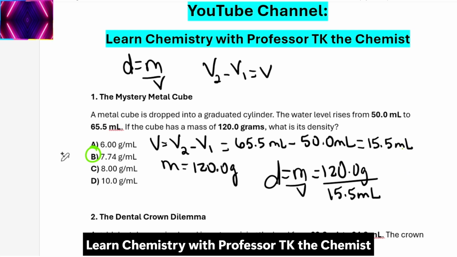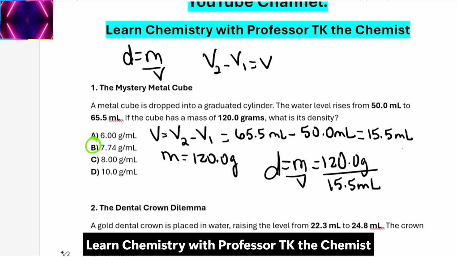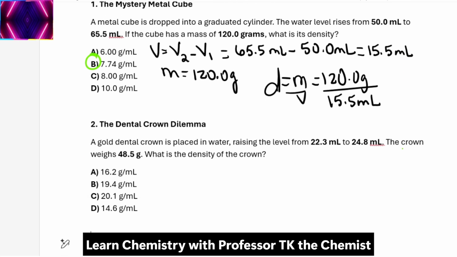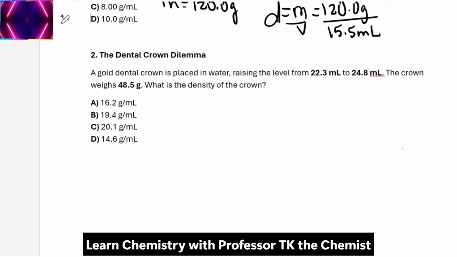Number 2. All right, so for number 2, you are given several things in this problem also. It says a gold dental crown is placed in water, raising the level from 22.3 milliliters to 24.8 milliliters.